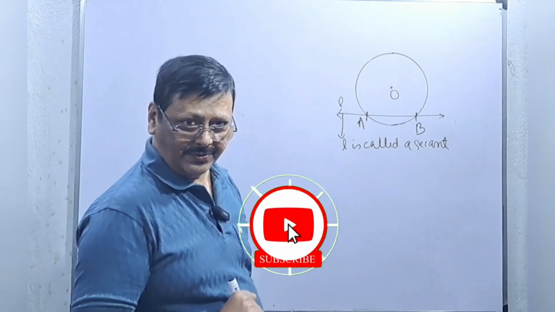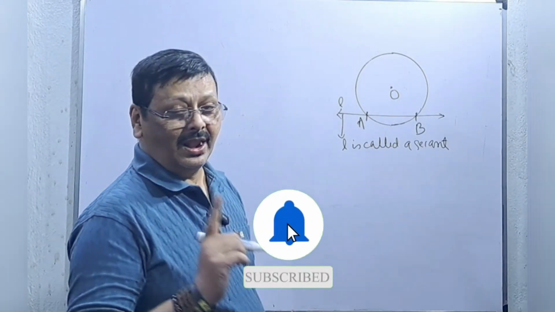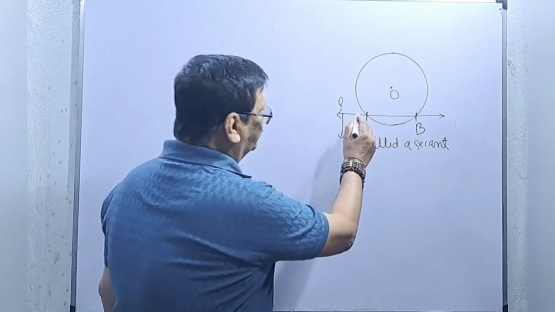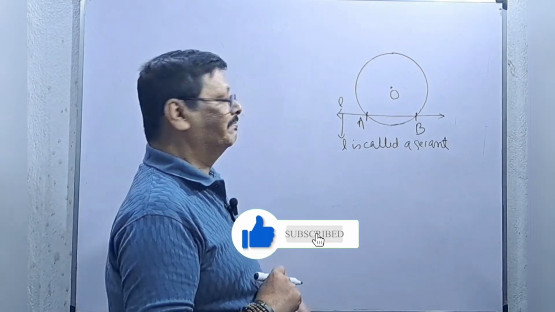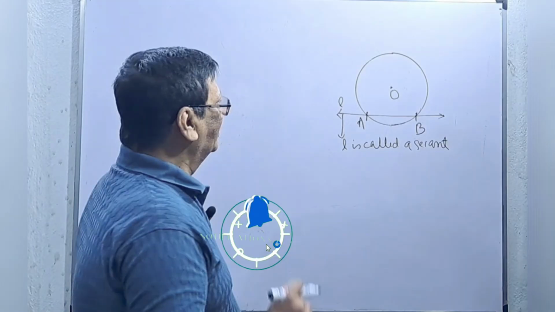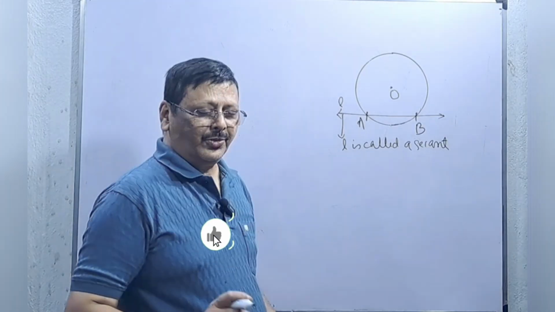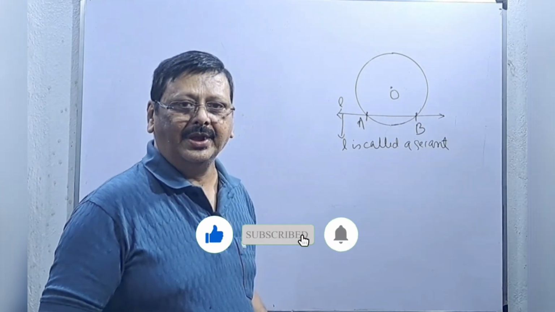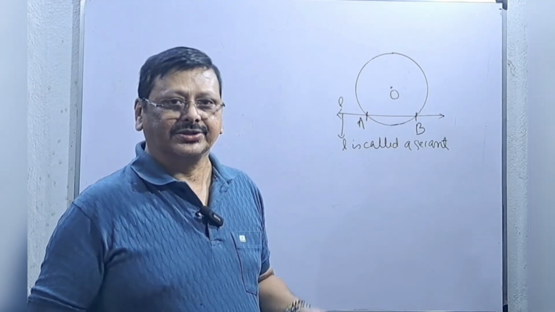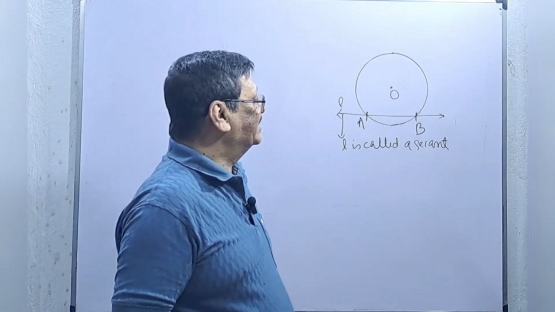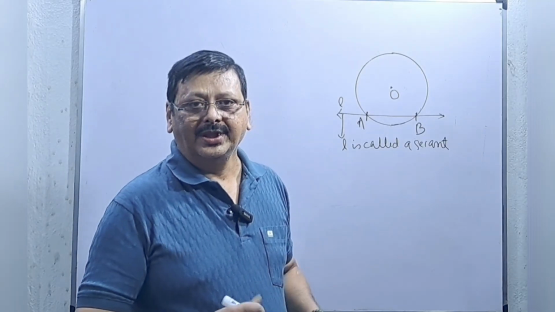So what is the definition of a chord? A chord is a line segment whose two endpoints lie on the circumference of the circle, right? Now we talked about area, perimeter or circumference and its relation with radius and diameter.